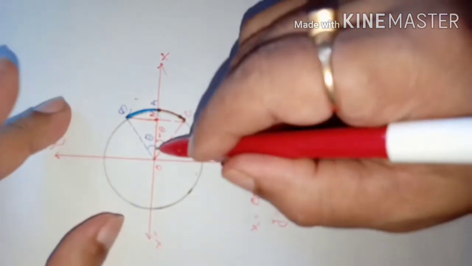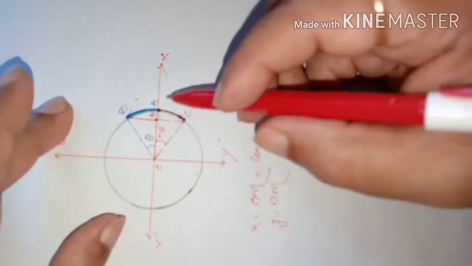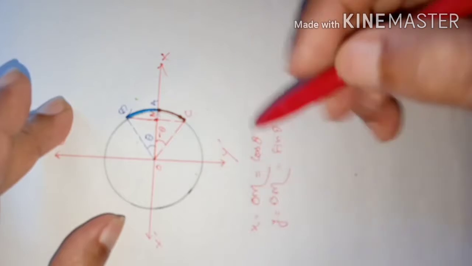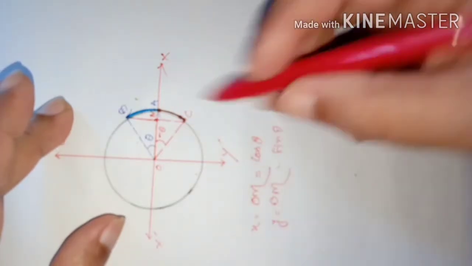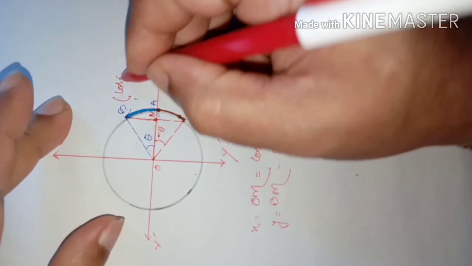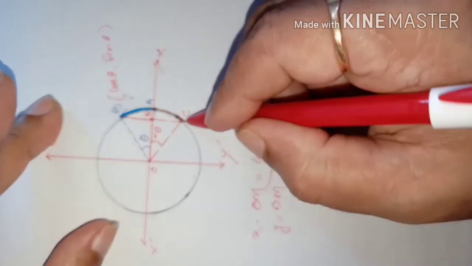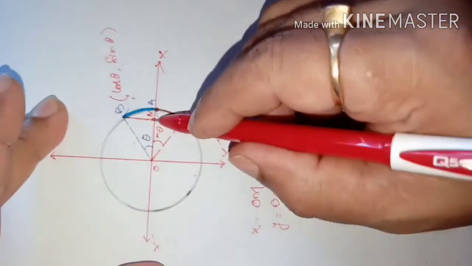Then here you see for this minus theta, OM is cos theta again. The coordinate of this point will be cos theta comma sin theta.